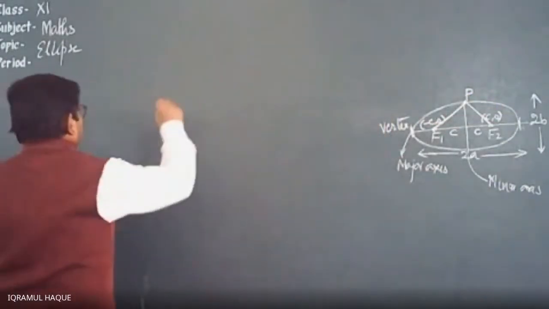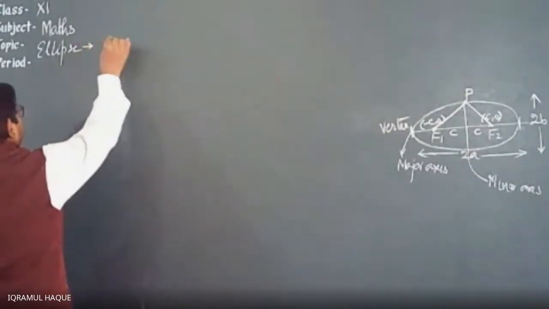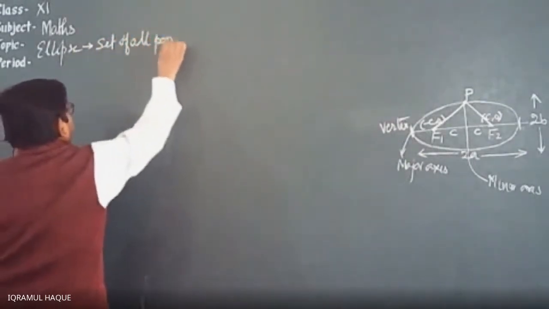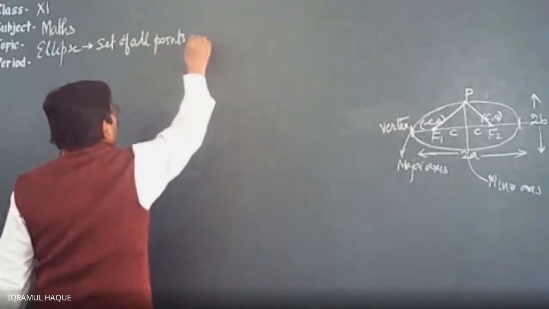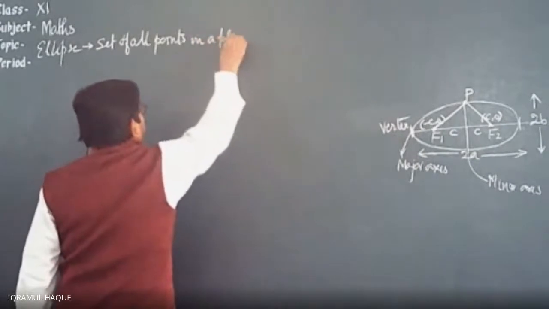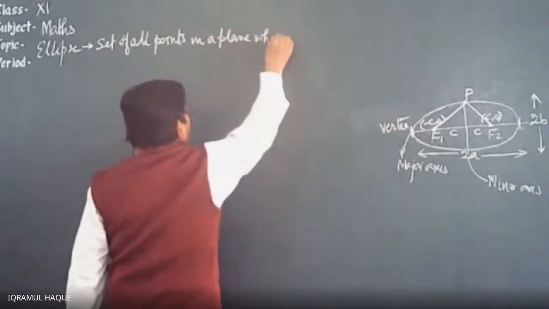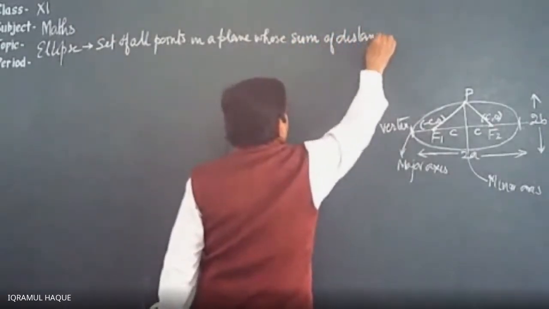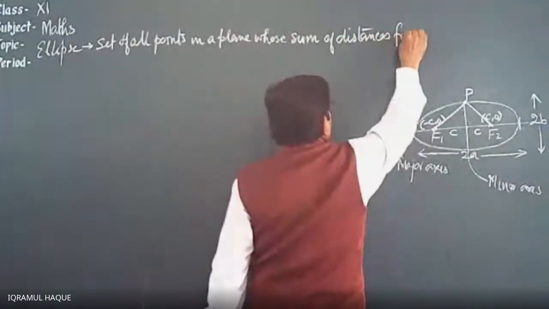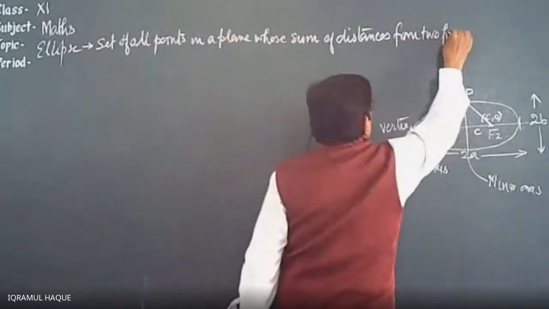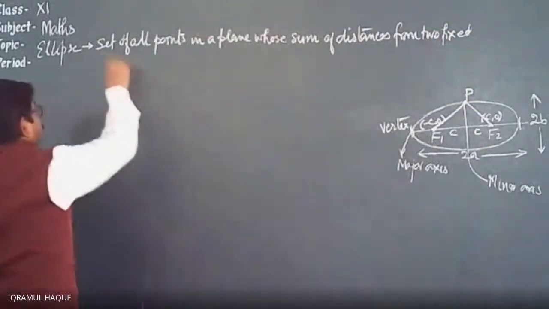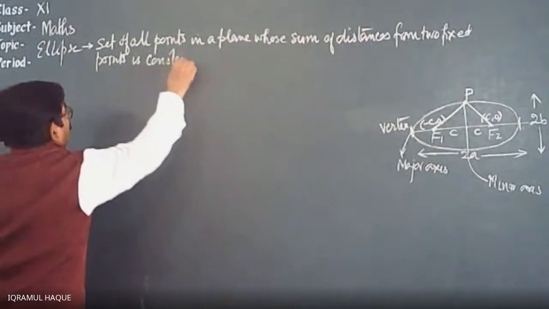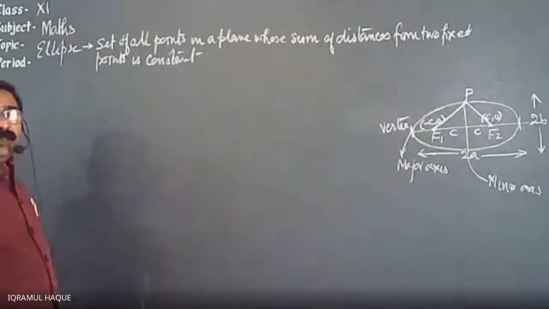According to the definition, I am writing it: the set of all points in a plane whose sum of distances from two fixed points is constant. This is the definition.